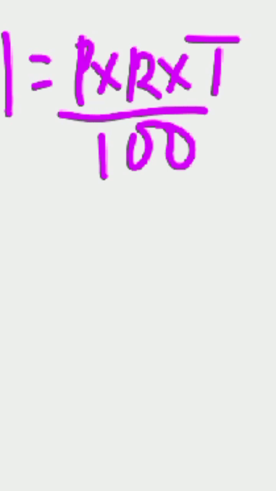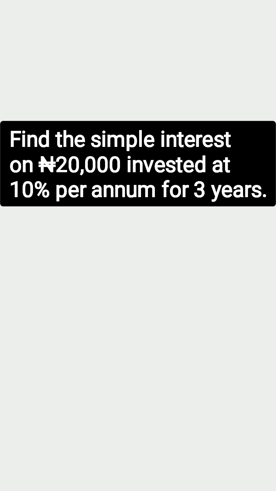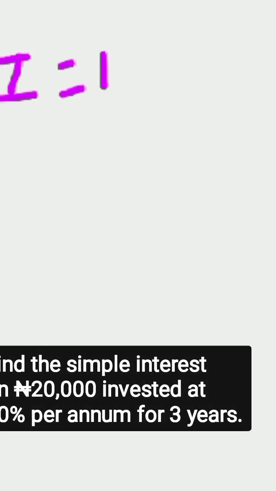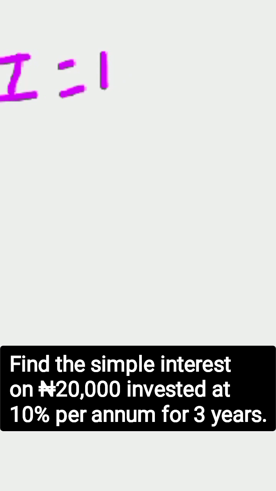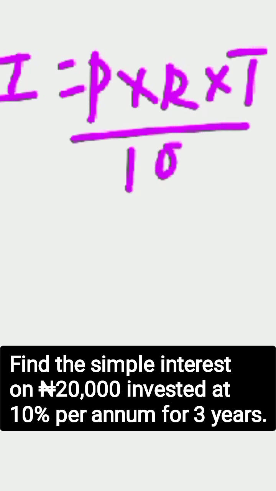Let's look at the following example. Find the simple interest on 20,000 naira invested at 10% per annum for 3 years. So the solution, we remember our formula: I is equal to principal times rate times time, all over 100.